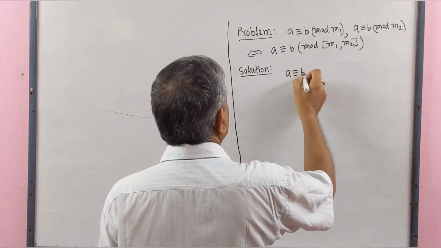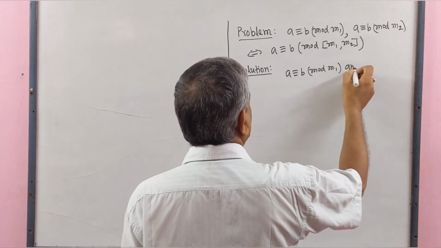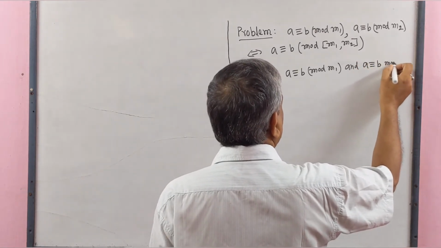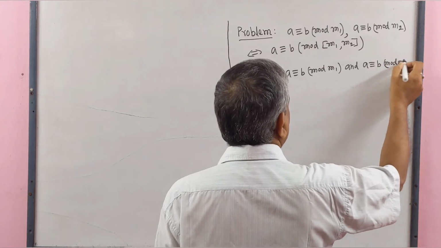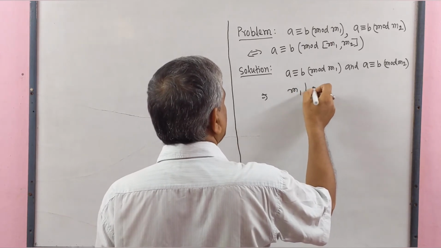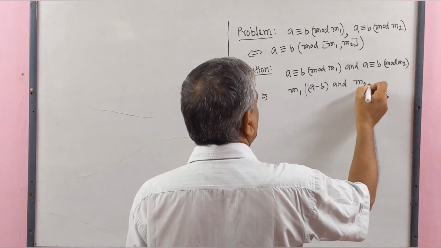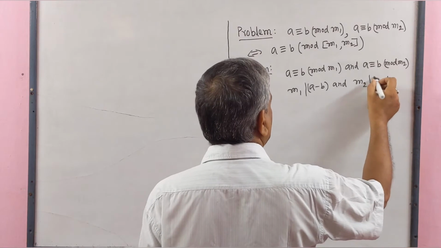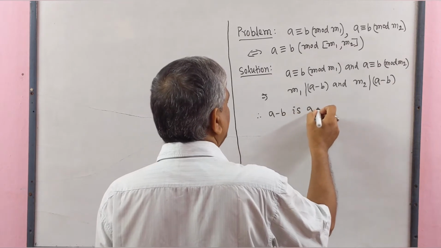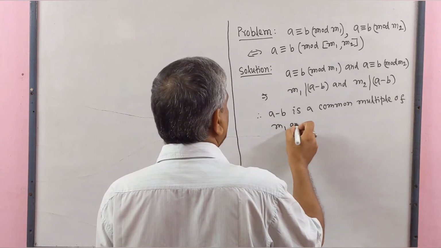a congruent to b modulo m1 and a congruent to b modulo m2 implies that m1 divides a minus b and m2 divides a minus b. Therefore, a minus b is a common multiple of m1 and m2.